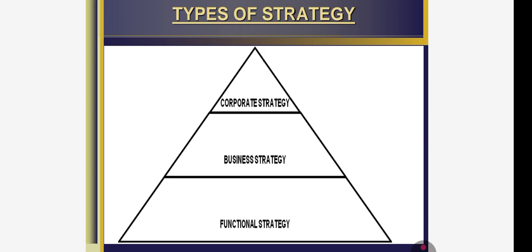They have defined various issues that are responsible for the corporate, and these might include identifying the overall goals of the corporation, the various types of business in which the corporation should be involved, and the way in which business will be integrated and managed. So this is how the strategy at the corporate level is being framed. So they have to take the necessary action and steps at the corporate level.